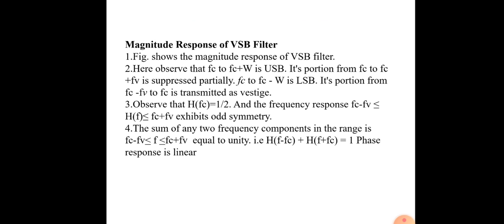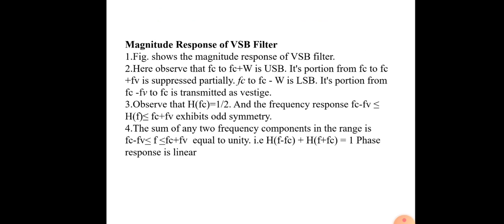Its portion from fc minus fv is the transmitted vestigial sideband. At last, H of fc is equal to 1 by 2. And then fc minus fv less than or equal to f less than or equal to fc plus fv, where H of f is the transfer function.